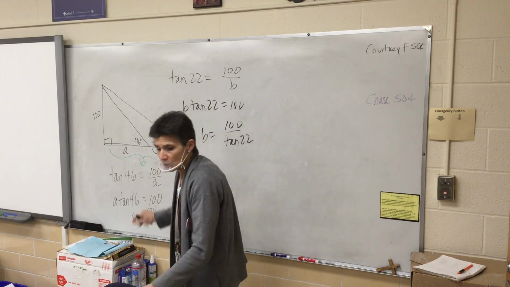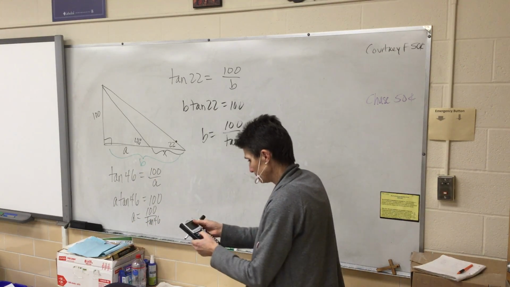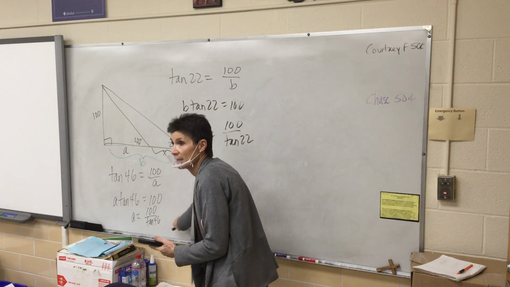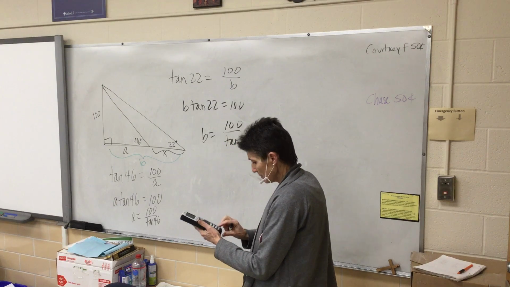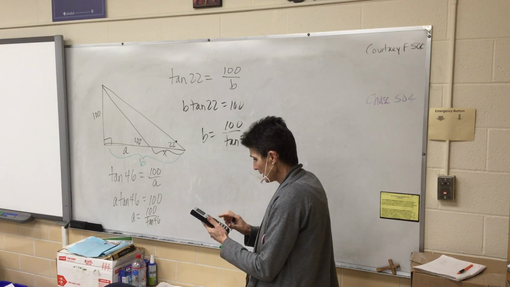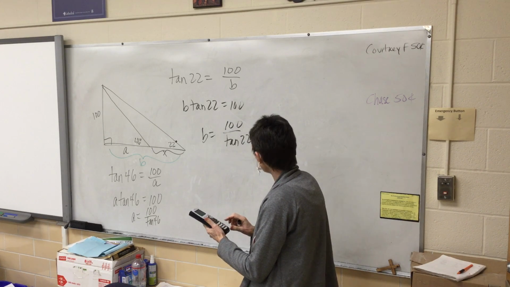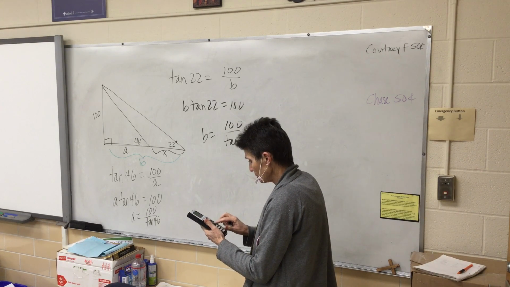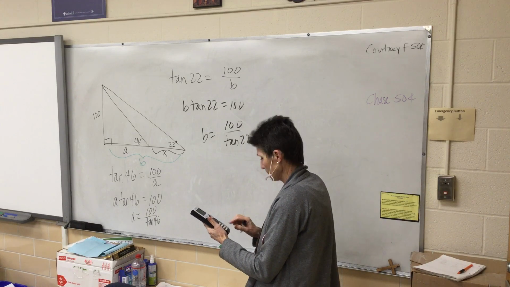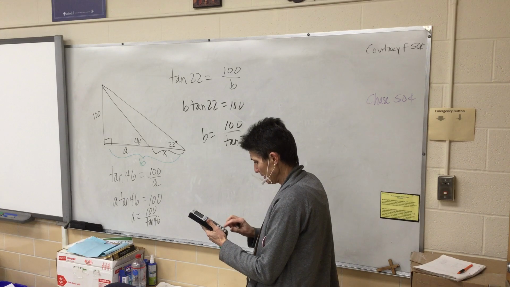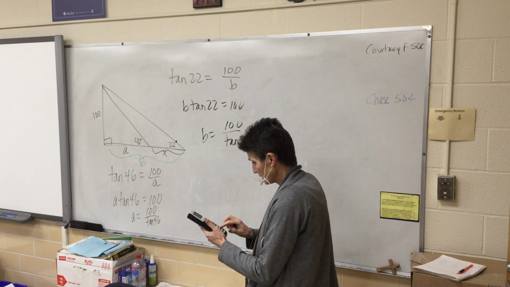Subtract those two. So without doing any round off, I think I'm just going to type, let's see, it's going to be B minus A, right? So I'll just type in 100 divided by tan 22, close the parentheses, minus 100 divided by tan 46.